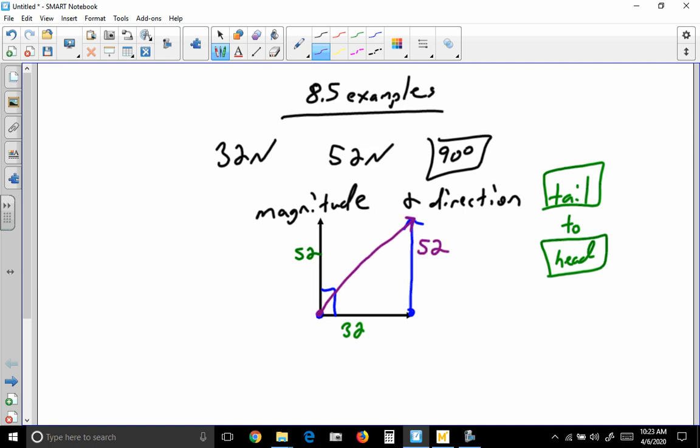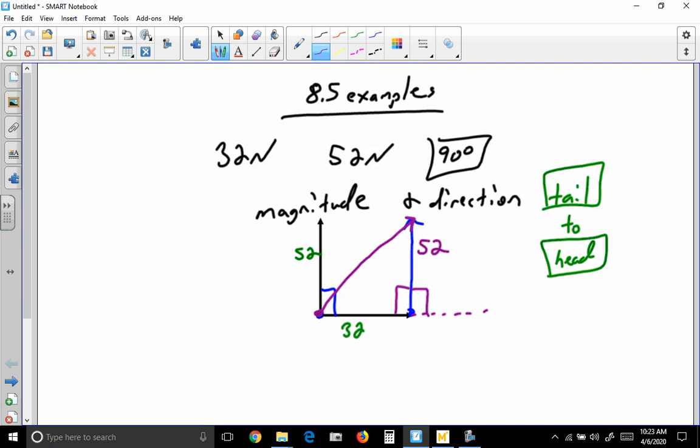You can think of it as a path. If we do this path and then that path, the resultant is from where we started to where we stopped. But these are forces instead of paths. So if that was 90 degrees, then that's 90 degrees, which is going to make that also 90 degrees.